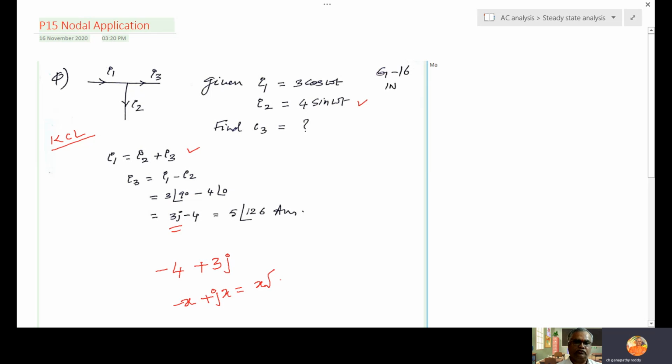So x root 2, and the angle will be plus or minus 180, and here minus now, so minus 40. Indirectly, the problem is designed based on this application, testing whether the student is aware of this concept or not. So use that and simply you will get the answer.